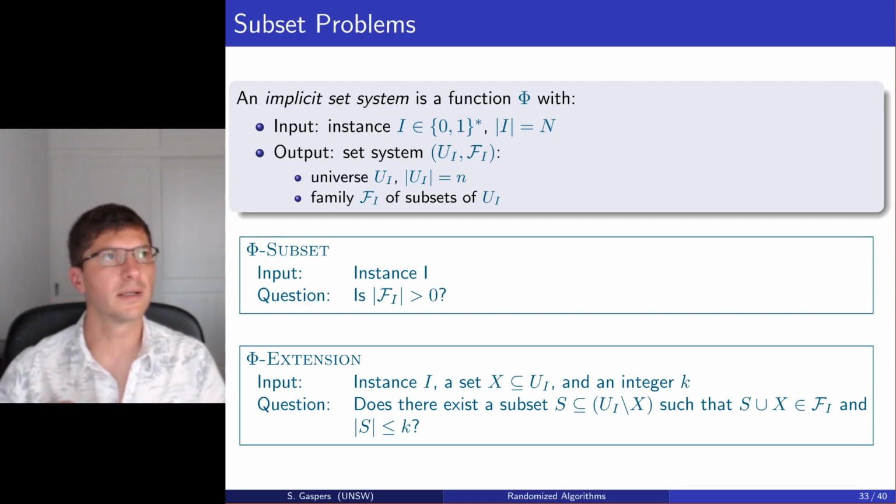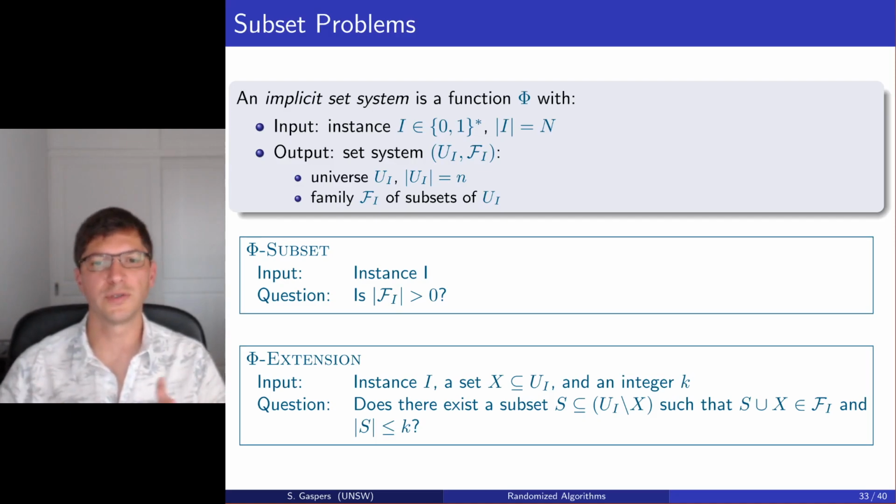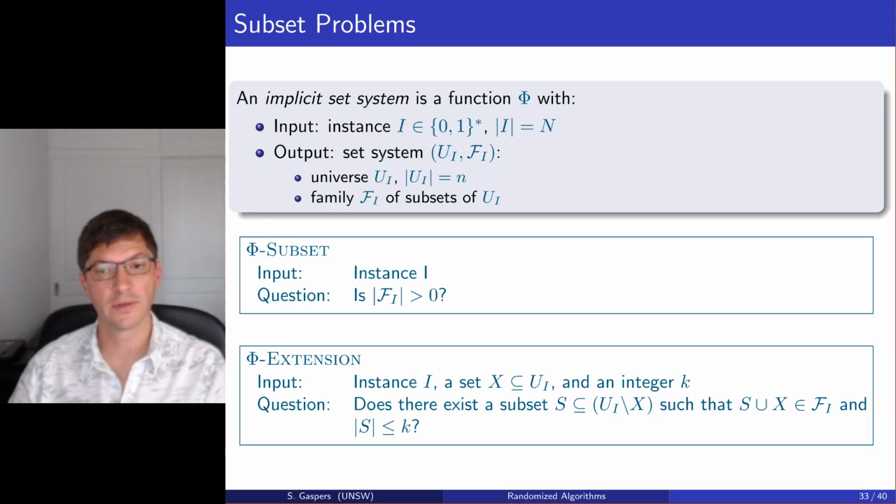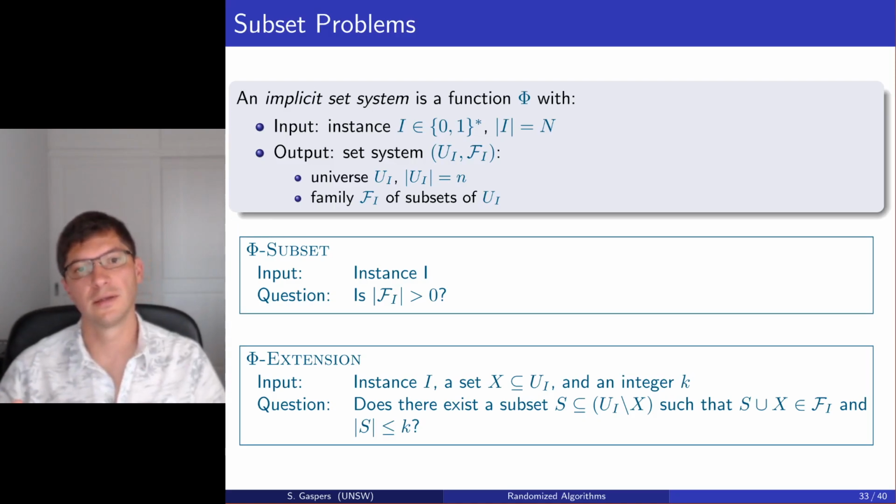So, given this pre-selected set of elements, can we add another k elements such that we actually get something that we're interested in, some set in our family?